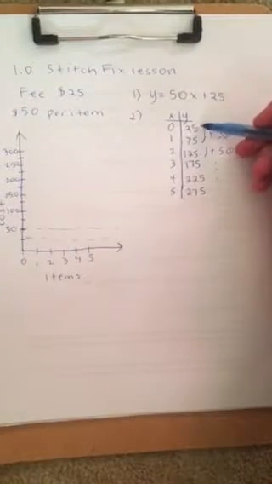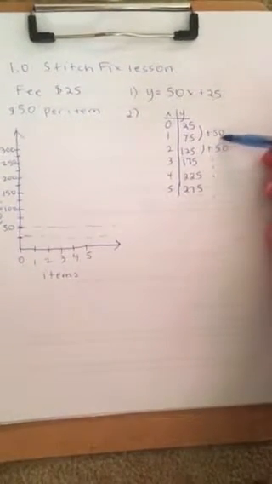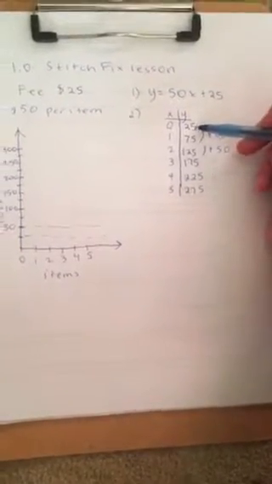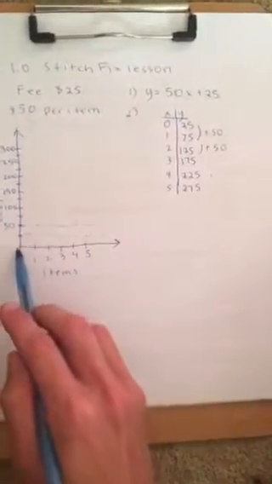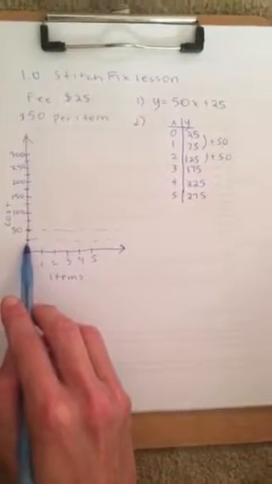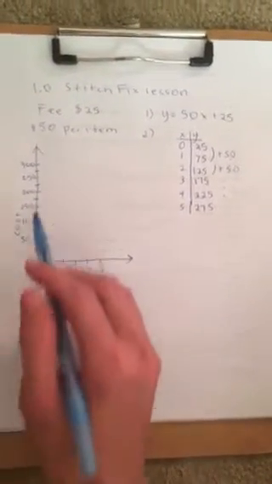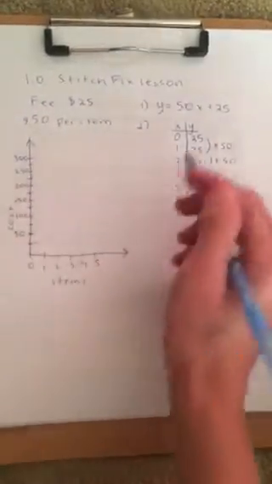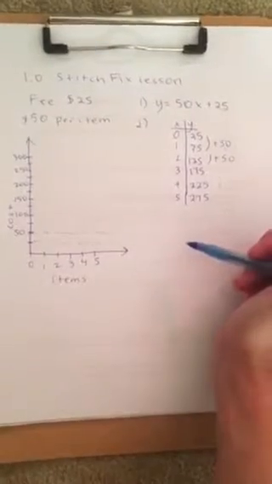Notice how we're going up by 50 each time. And on top of that, I have a $25 fee. If I go up by 50s, that second dash here is going to represent 25. And I just didn't write them all in, right? So it makes it easy enough that I can graph all these data points.